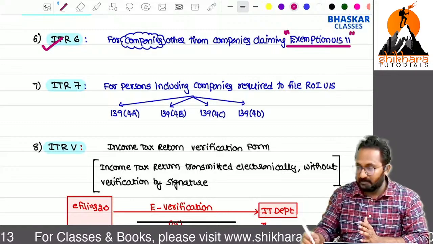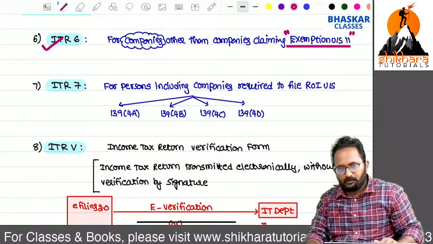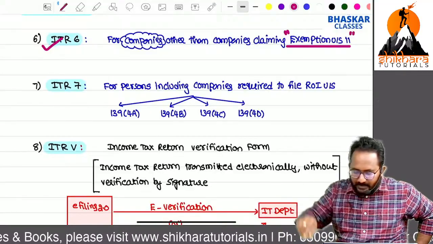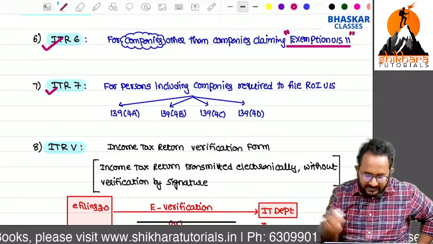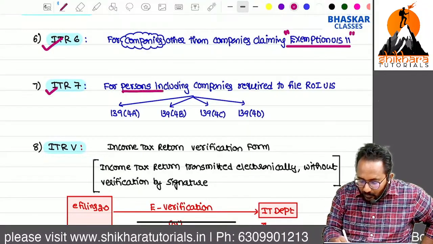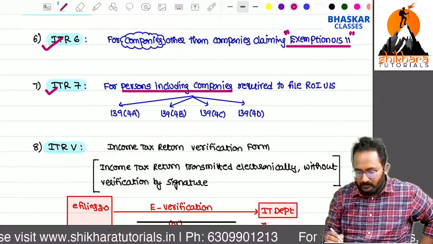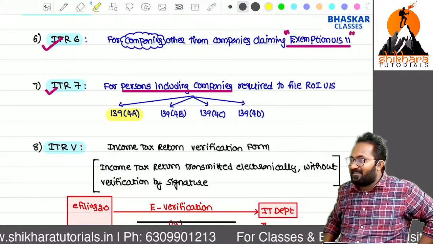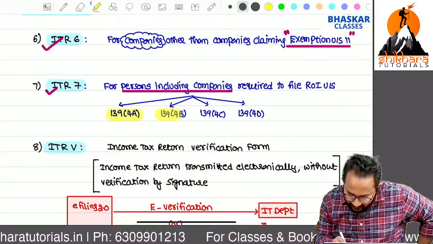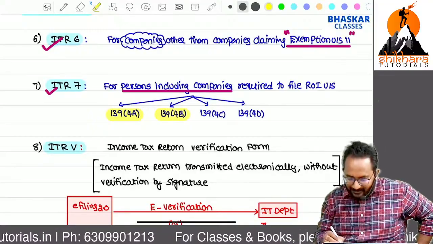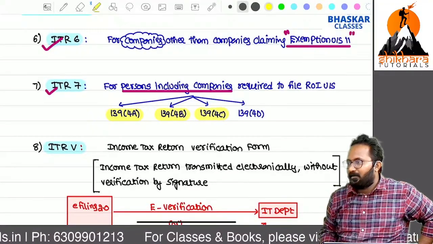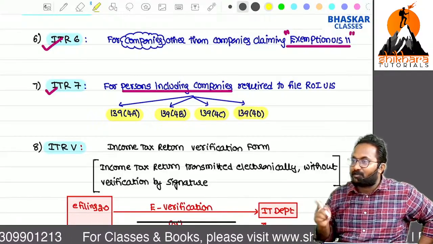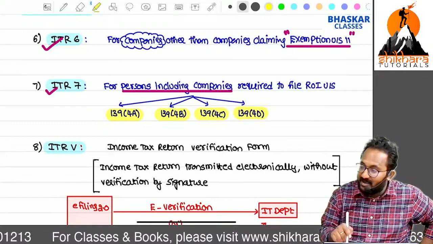I will tell you. Similarly, trusts and section 8 companies will go with ITR 7. Persons including companies here: you already know section 139(4A) trust, 4B, 4C research association, 4D. These entities will go with ITR 7.